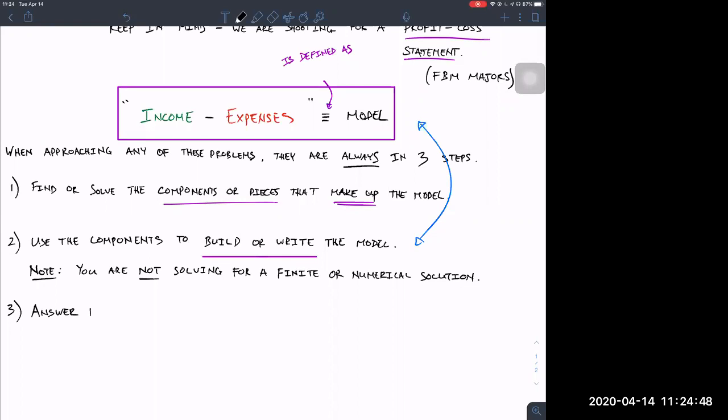Answer follow-up questions involving the model. Okay. Those are our 3 steps. That's how it's always going to be.